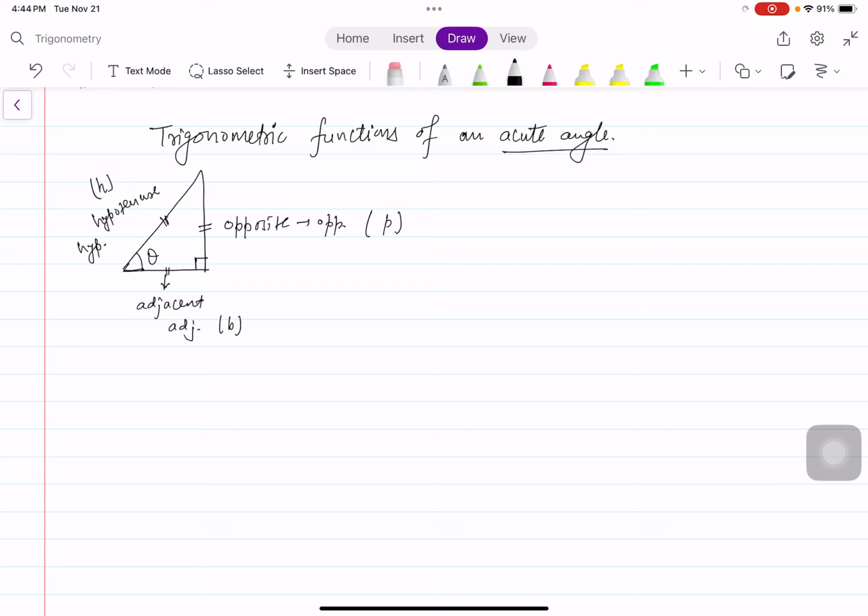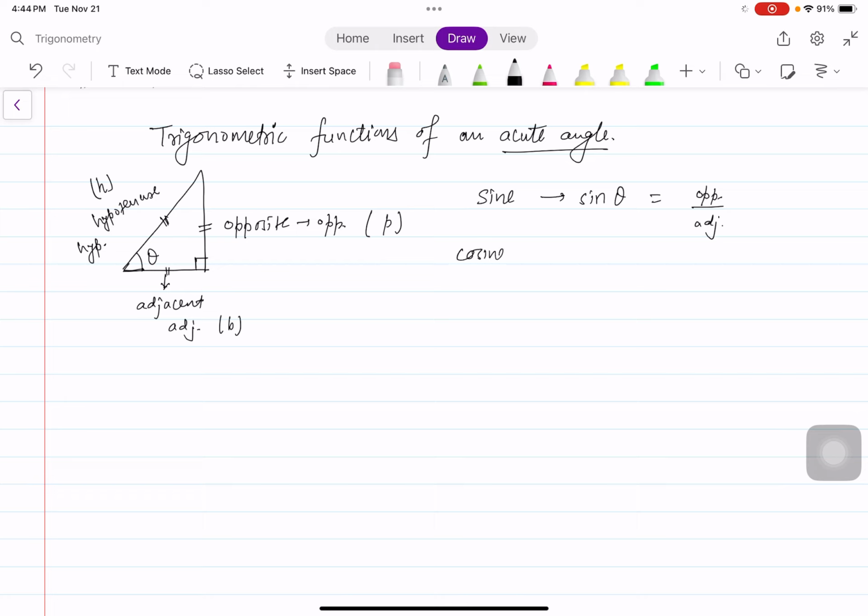So now the 6 trigonometric functions that are defined are, first, sine, in short sin of theta, which is defined by the ratio of opposite over hypotenuse. I made a mistake here, this was hypotenuse.